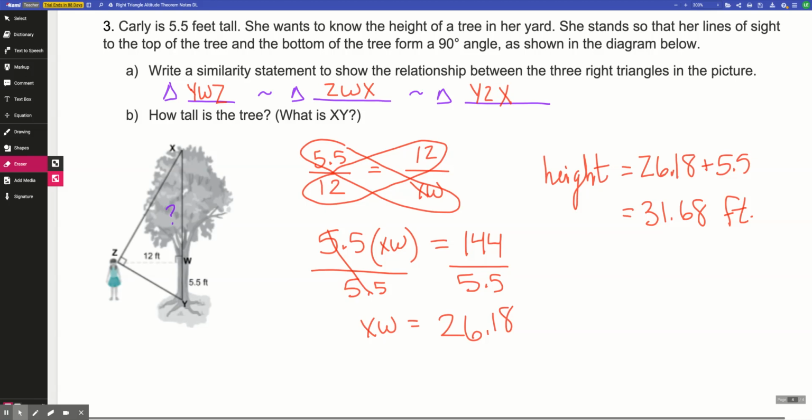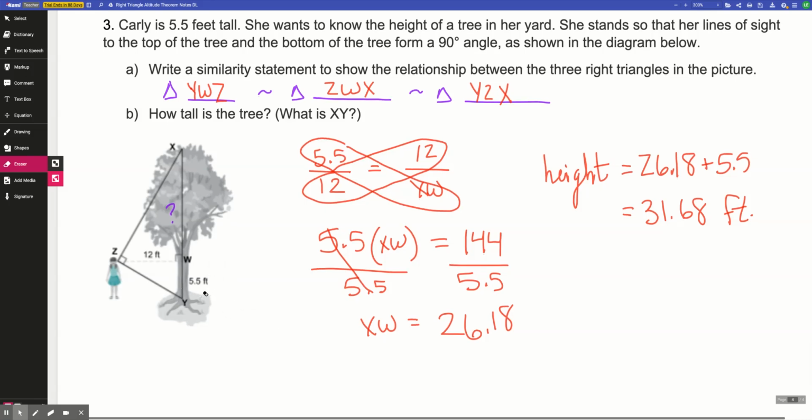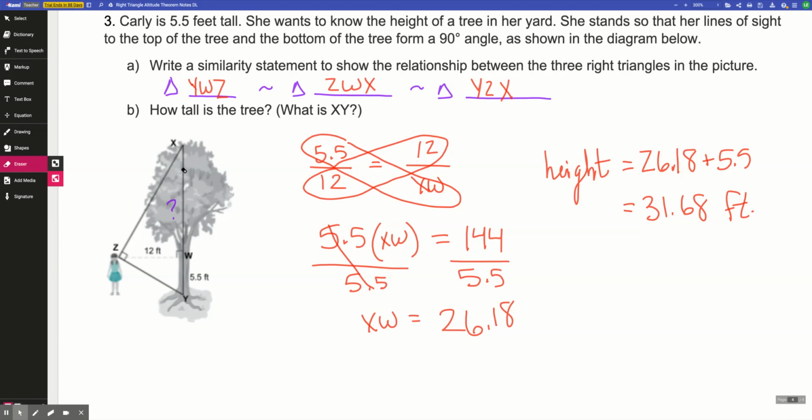I did the cross multiplication, divided by 5.5 on both sides, and got XW is 26.18. But then I had to go back to the question and say, that's not what the question is asking me for. They want to know how tall the tree is. So I had to add the 5.5 feet back in to get the full height of the tree. That's what I did here on the right-hand side, and I ended up with 31.68 feet.